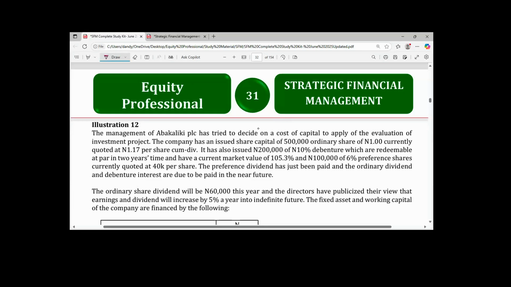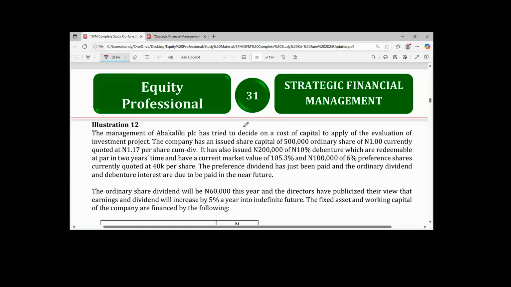That notwithstanding, traditional WACC is also very common. But what is important is for you to understand the concept. No matter how big the question is, it's the same principle that you are going to apply. So as we proceed, you are going to see what I'm talking about.